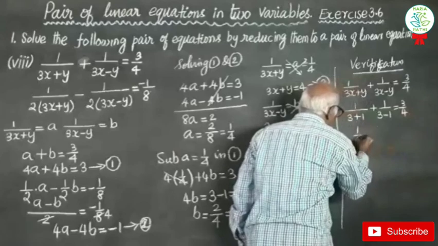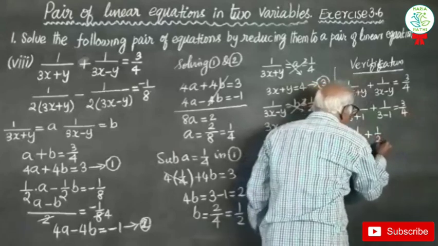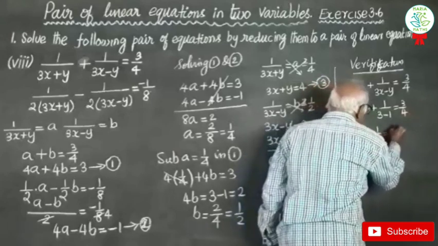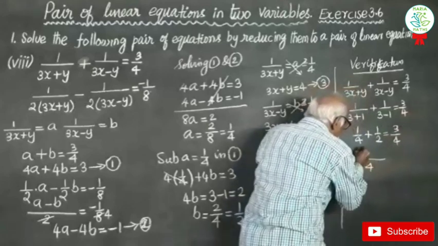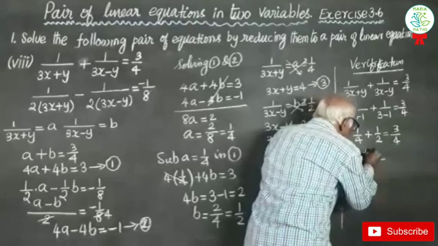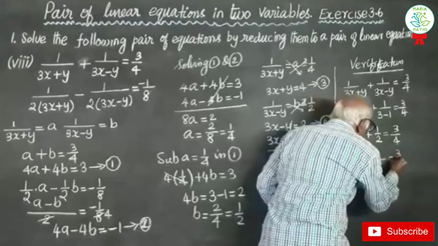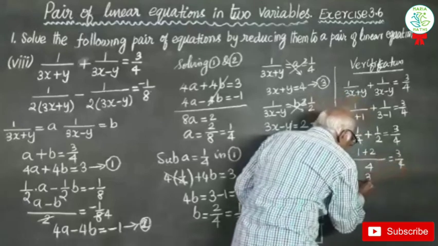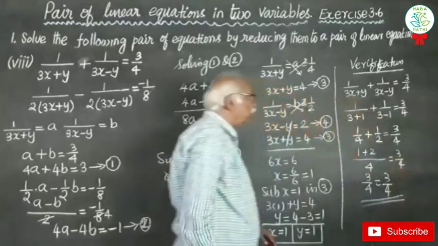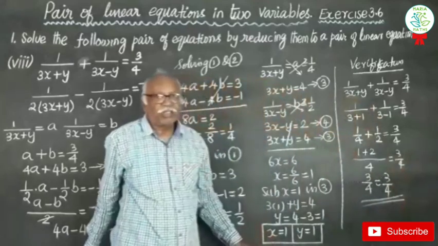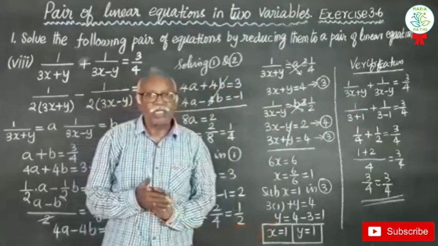So 1 by 4 plus 1 by 2 is equal to 3 by 4. Now take LCM: 4, 1 plus 2, 3 by 4. 3 by 4 equal to 3 by 4. So verification is also correct. Therefore the answer is x is equal to 1 and y is equal to 1.